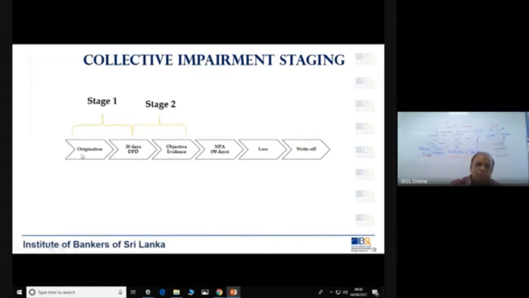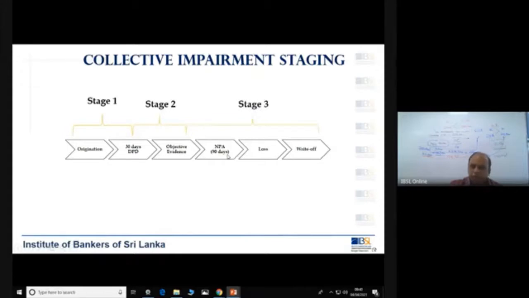Okay, so if a loan is on day one or has days past due of up to 30, which means the customer has failed to pay one installment, those loans go into stage one. Then between 30 days past due and 90 days past due, those loans are stage two.